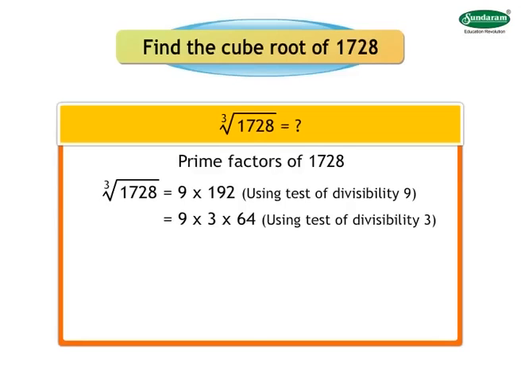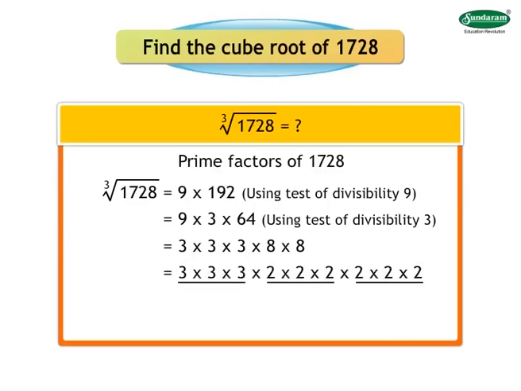writing 9 as 3 into 3. This is equal to 3 into 3 into 3 into 8 into 8. Now writing 8 as 2 into 2 into 2, we get 1728 is equal to 3 into 3 into 3 into 2 into 2 into 2 into 2 into 2 into 2.